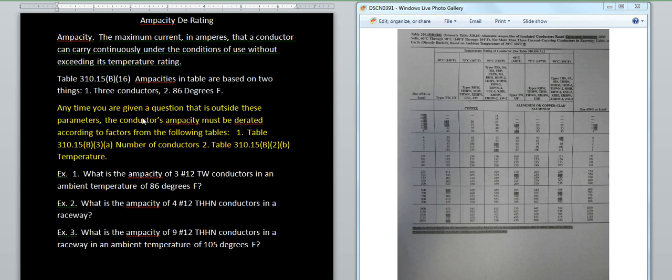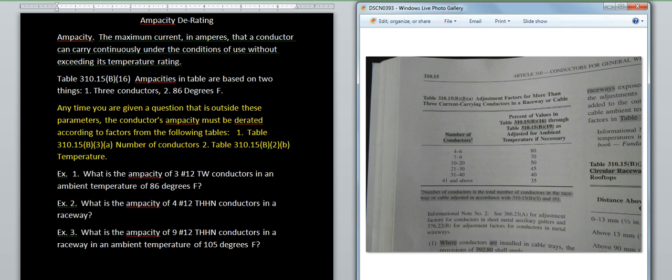So anytime that you're given a question that is outside these parameters, the conductor's ampacity must be derated according to the factors from the following tables. If it's a parameter that involves the number of conductors, that is on table 310.15(B)(3).